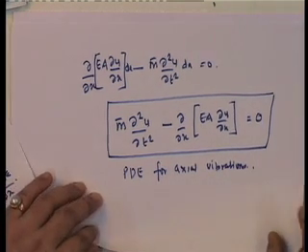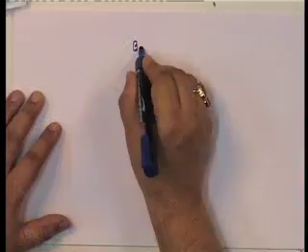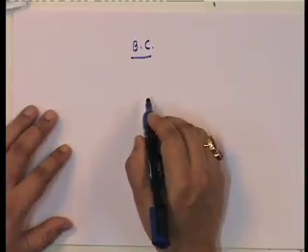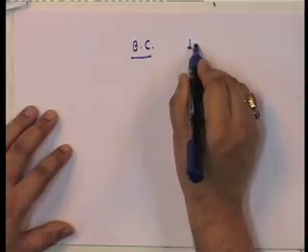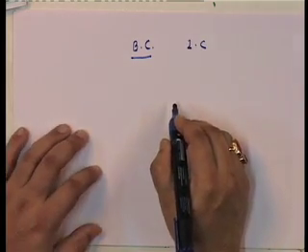Now, let us see how we solve this problem. This problem has to be solved using two things. One is we need boundary conditions, and we need initial conditions. What are boundary conditions?